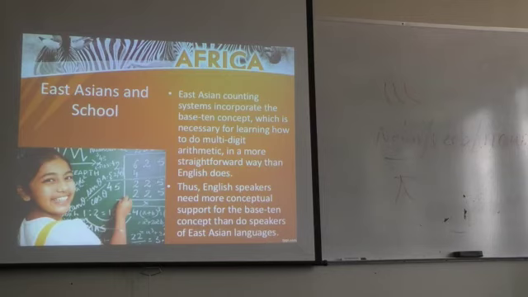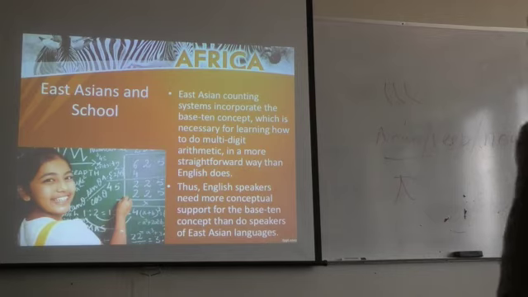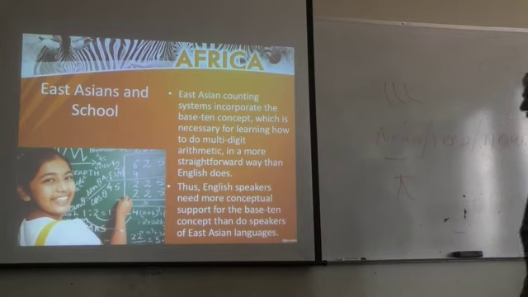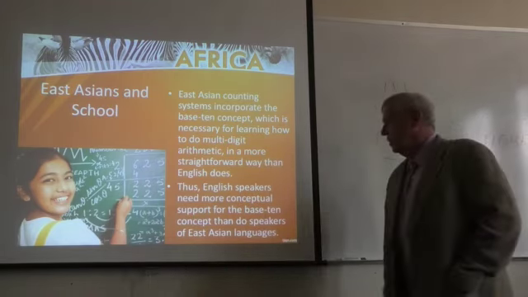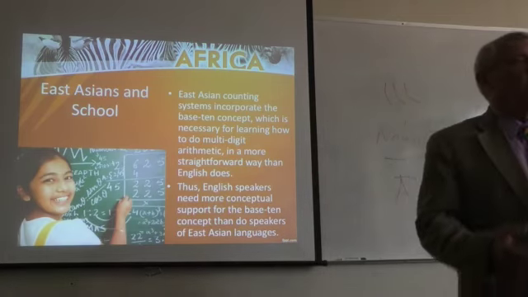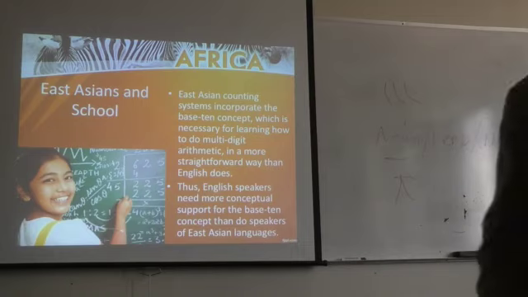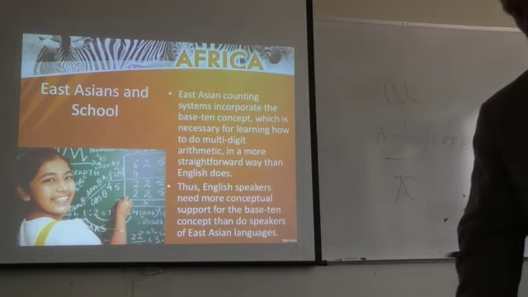Well, English is in base 10 as well, but it's a lot more difficult to understand English base 10 than East Asian base 10. English speakers need more conceptual support for their base 10 concepts than do speakers of East Asian languages, so you would think that we would spend more time on it, but we don't spend hardly any time on mathematics at all, as sad and strange as that may be.